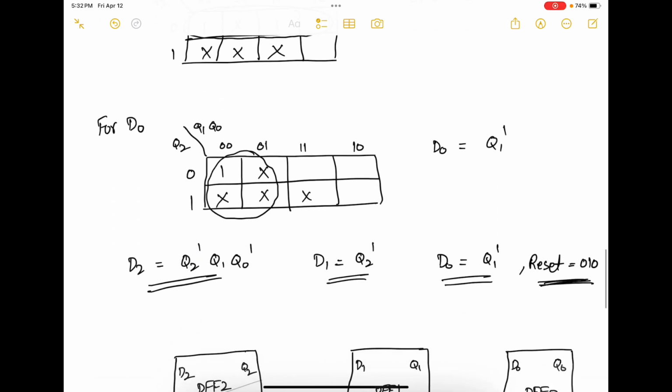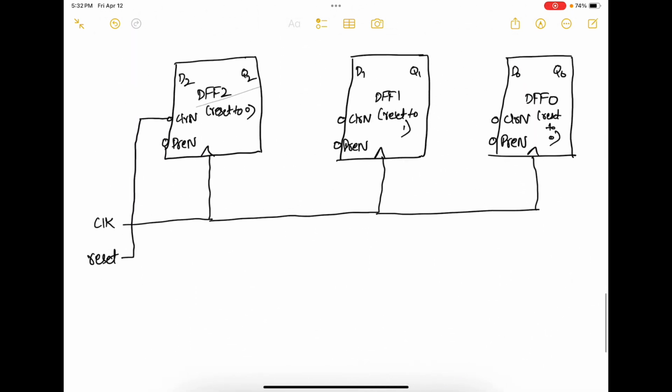I'm doing the same thing, which is when reset is 0, that is when clear N is activated and Q2 comes out to be 0. At the same time, I need to set pre-N to logic 1. So that takes care of flip-flop 2.